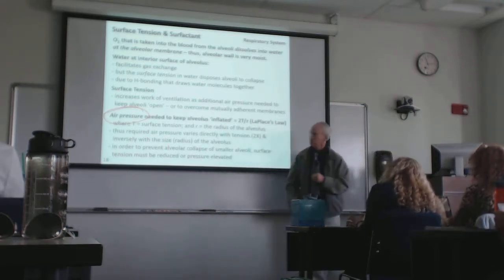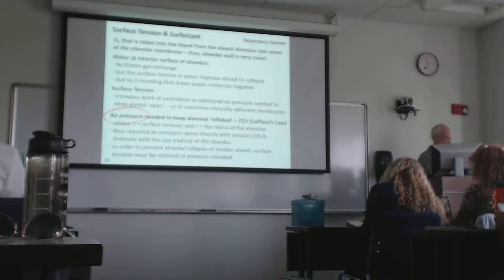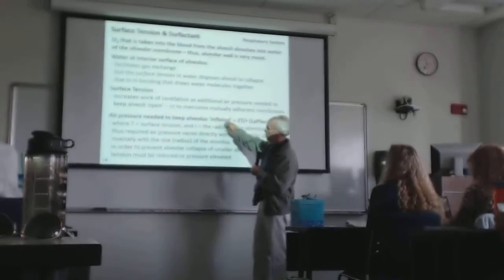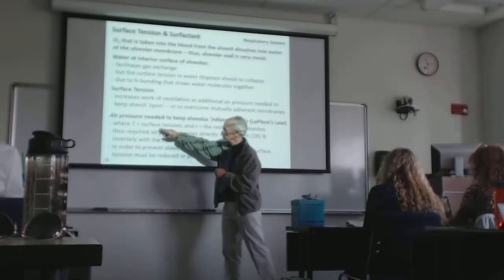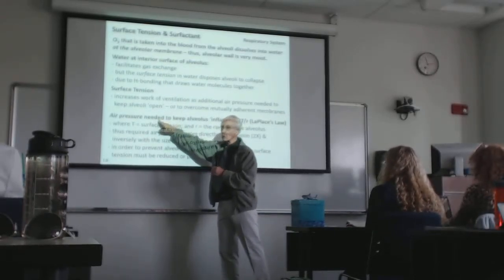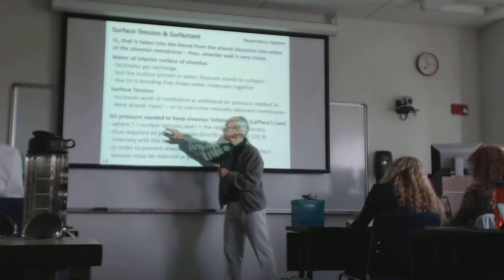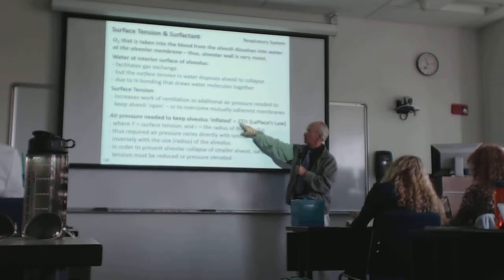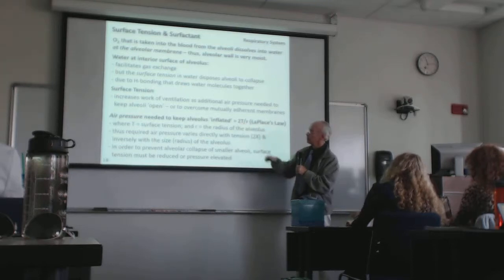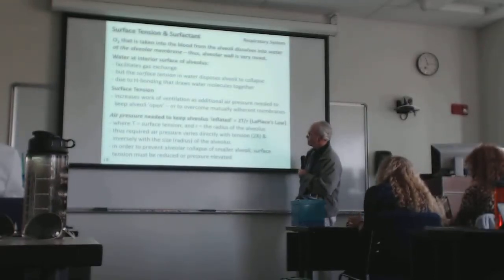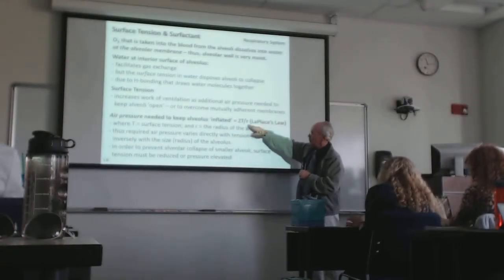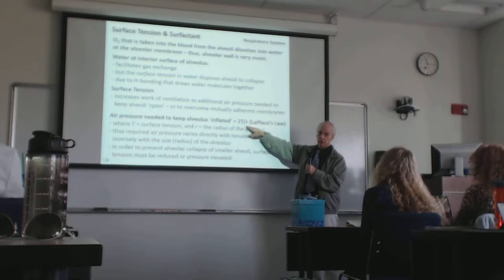And so what this use of Laplace's law is telling us is that there is a direct relationship, T stands for surface tension, between the air pressure needed to keep the alveolus open and the surface tension present in the film of that alveolus. In fact, air pressure is proportional to twice the surface tension. And the air pressure needed to keep the alveolus patent is inversely related to the size of the alveolus.